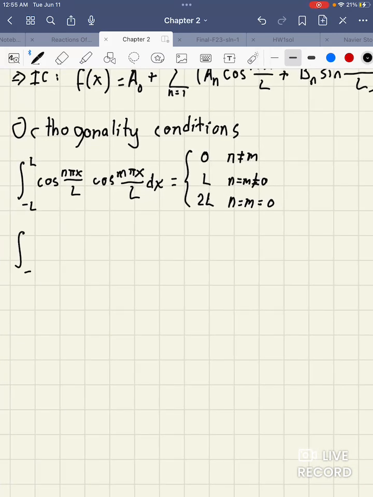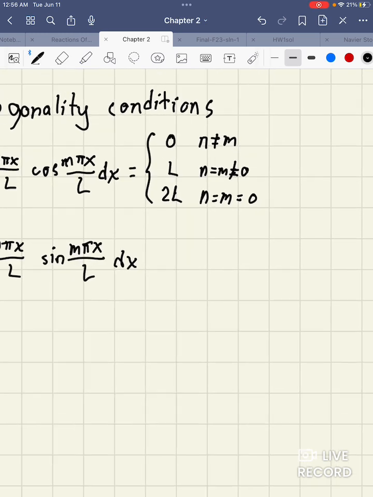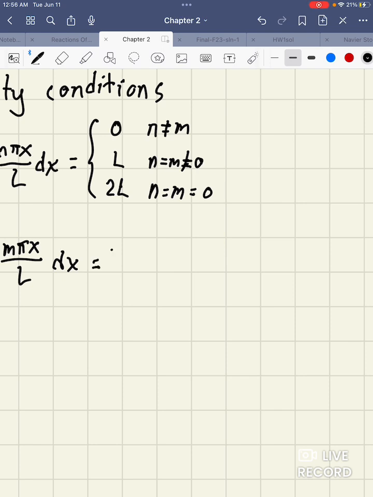For the sine, we still have the same possibilities, but we are able to summarize it in terms of L Kronecker delta nm.